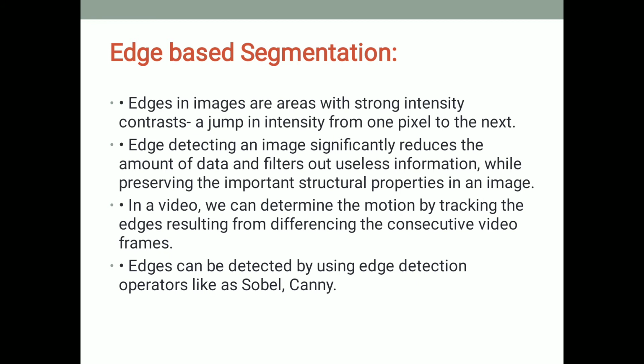The second method is edge based segmentation. Edge based segmentation is done in the areas where intensity is strong, and that intensity jumps directly from one pixel to the next pixel.